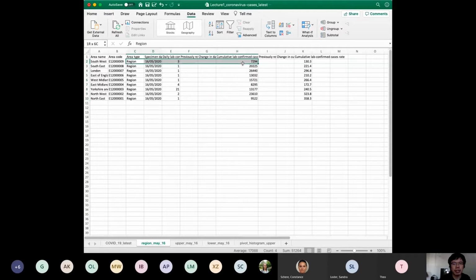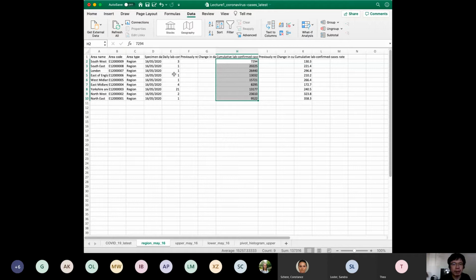Now each region is just the sum of all the lower tier authorities summed together, right? But by summing them, you are basically taking out the variation between the lower tier authorities, and you sum them together into a single number. Basically, you take out all the variations. Now you can look at the variations between different regions.